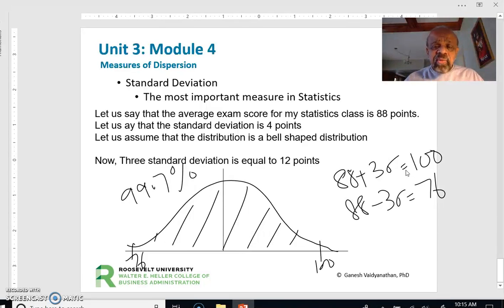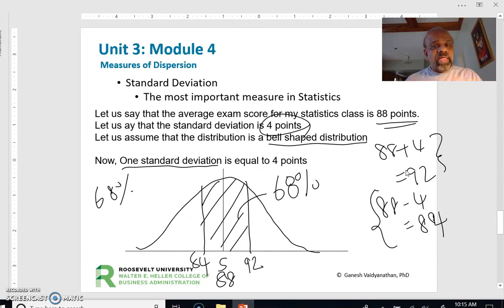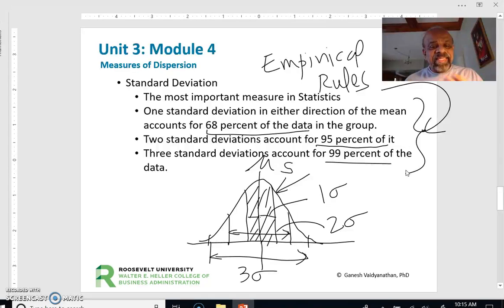So basically we can say that according to the empirical rules, whether it is 1 standard deviation, 2 standard deviations, or 3 standard deviations, there is a percentage that I can go with. One standard deviation is going to be 68% of the data. 2 standard deviations is going to be 95%. 3 standard deviations is going to be 99%.